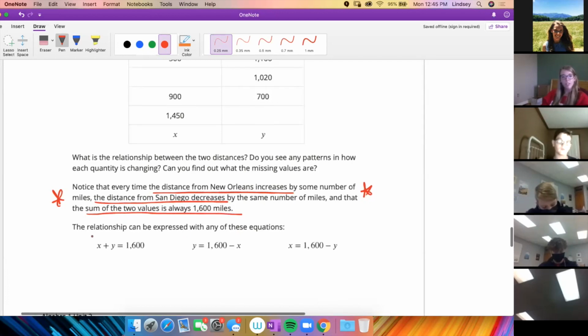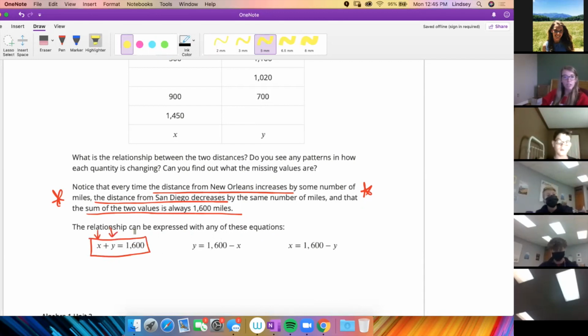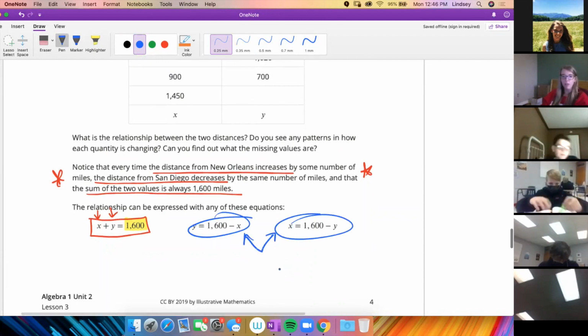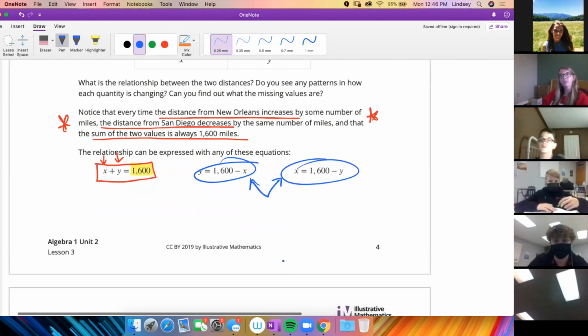Now it says the relationship can be expressed with any of these equations. Right here is the obvious one. It takes your X value and your Y, adds them together, and gives you 1,600. But why does it also say that these 2 equations also work? What are those examples of that we talked about the other day? Give me a hint.